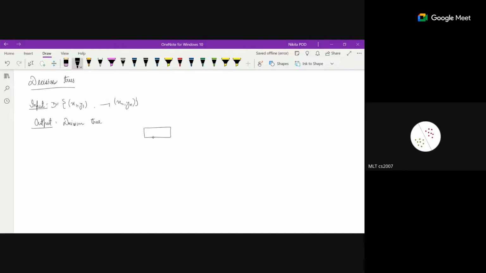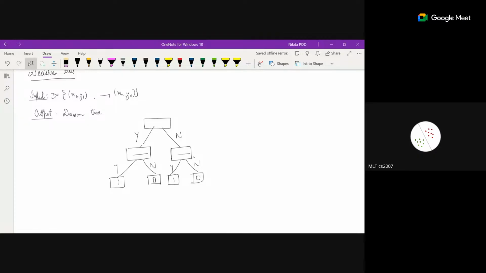It will split into two parts, yes and no. Then again you will ask a certain question, maybe whether height is less than something, and again split into yes and no. So you are basically building a tree, splitting your data set in two parts, yes and no, and asking questions again, and at the end you get some label, say 1 0 1 0.